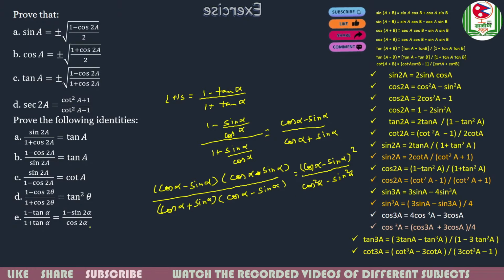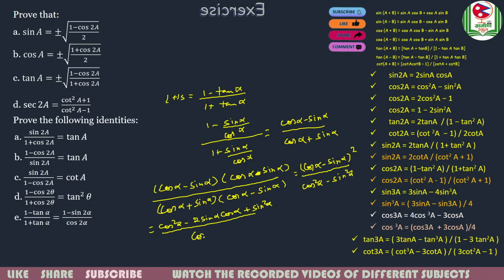So we have got the denominator, and let us simplify the numerator. It is cos square alpha minus 2 sin alpha cos alpha plus sin square alpha, that is a square minus 2ab plus b square, and this is divided by cos square alpha minus sin square alpha.